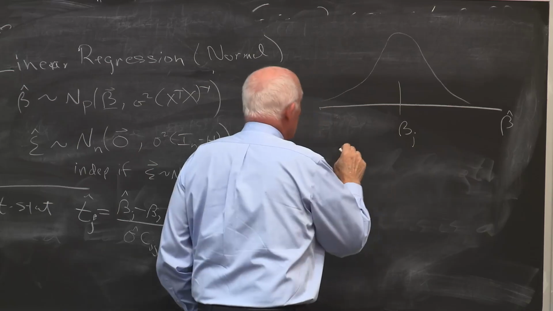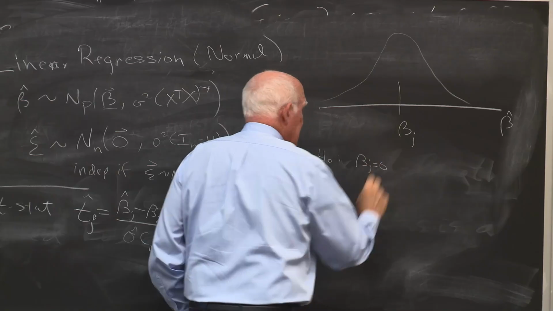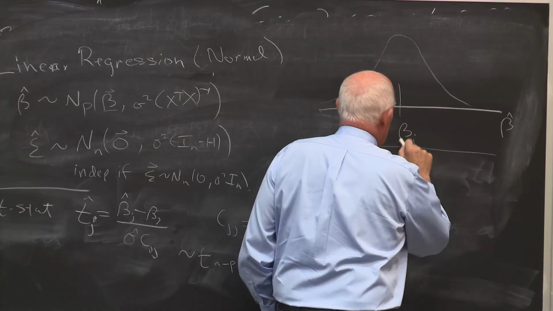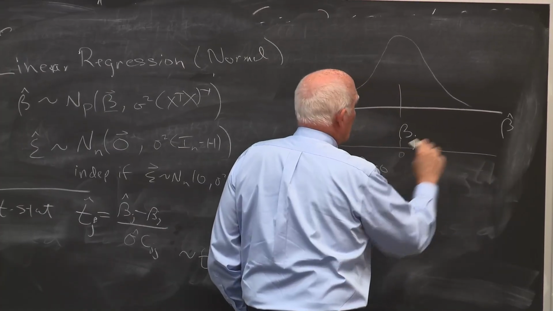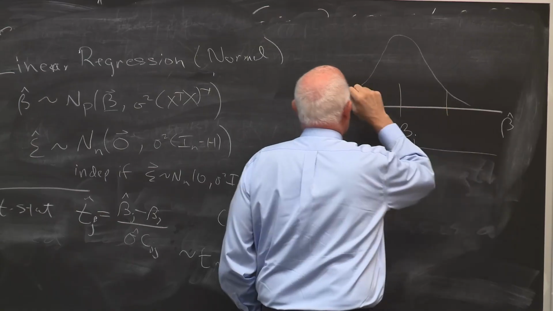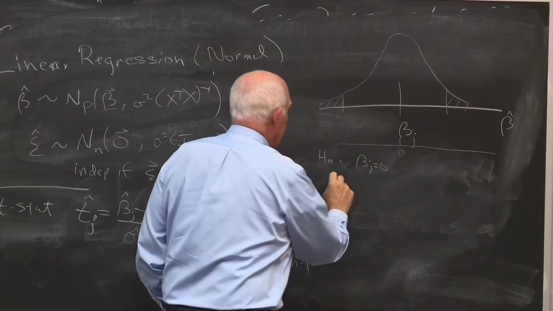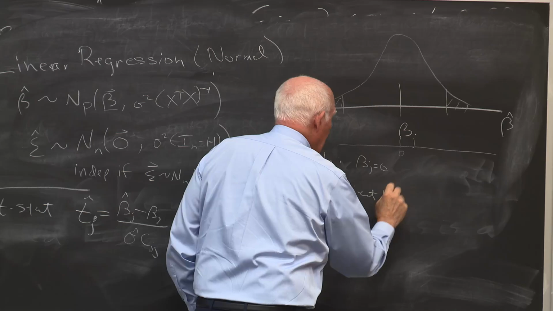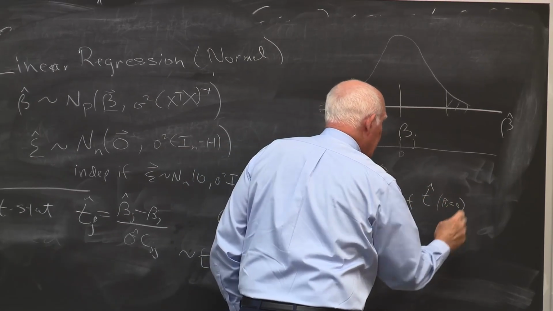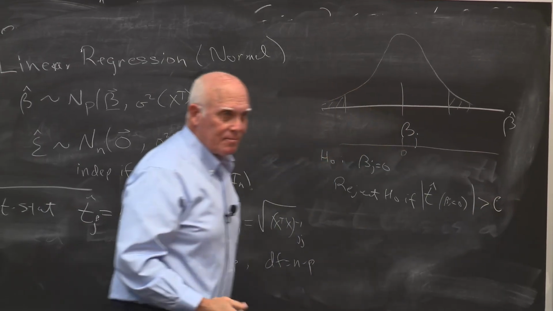And why this becomes very useful is that if we want to test the hypothesis that beta j is equal to 0, then we can basically define an interval around 0 and consider rejecting the null hypothesis if our t hat with beta j equaling 0 is greater in magnitude than some critical value, say some constant c.